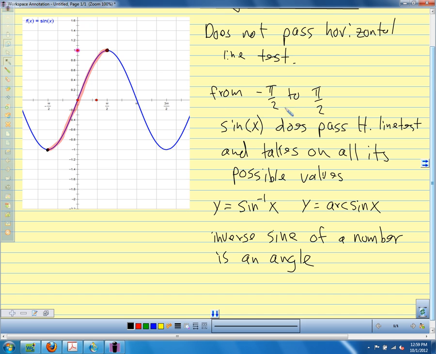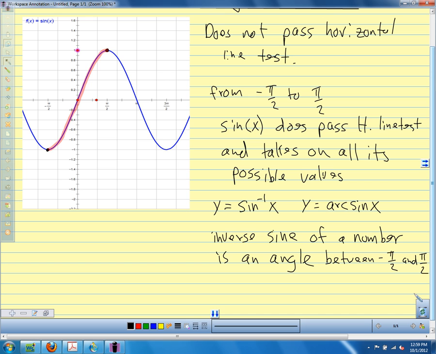And the way we've defined our inverse sine function, our angle has to be between minus pi over 2 and pi over 2.